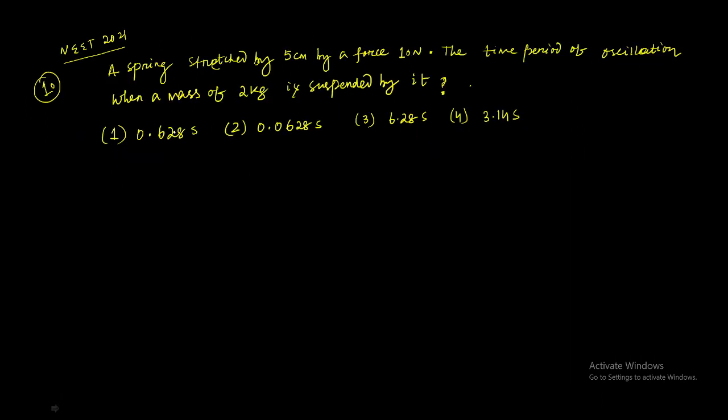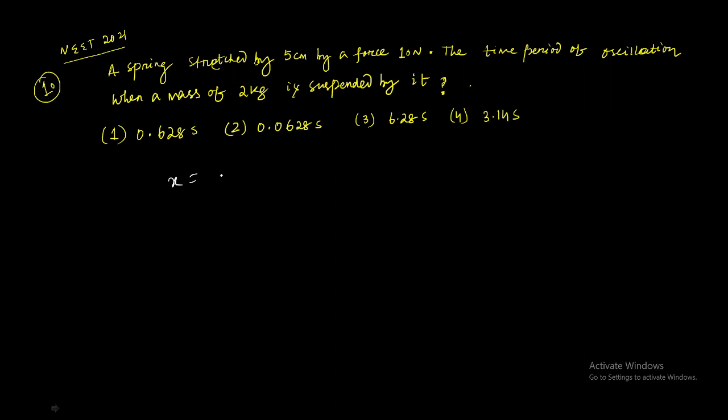Now question number 10. A spring is stretched by 5 centimeter by a force of 10 Newton. The time period of oscillation when a mass of 2 kg is suspended by it. So the spring is stretched by the force, right?